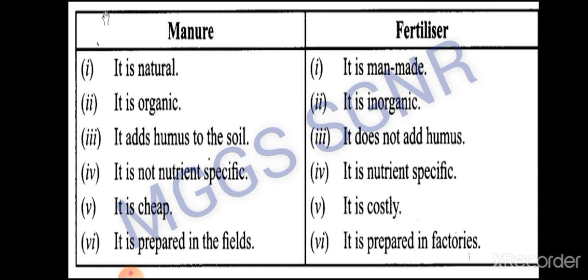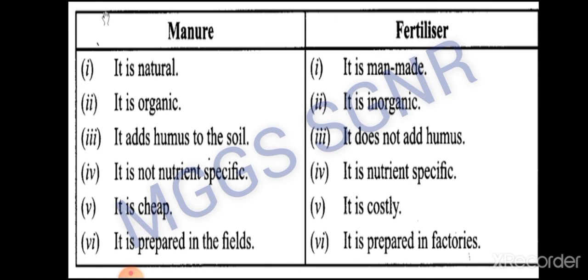So it is not specific nutrient. It is not specifically to provide nitrogen only. It is not specific to provide phosphorus only. It is not specific to provide potassium only. It is providing nutrients in a whole soil method.